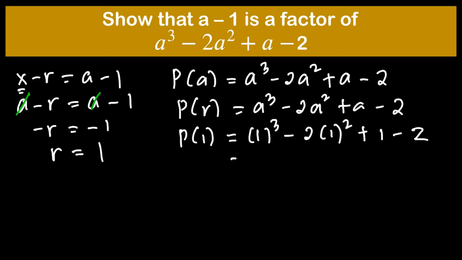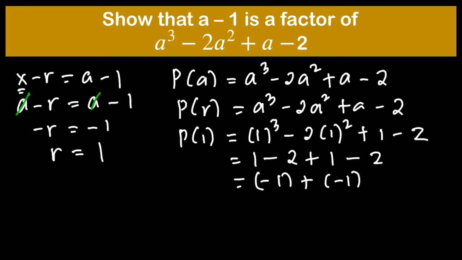Simplifying, we know that 1 cubed is 1, minus 1 squared is 1 times 2 is 2, plus 1, and we have minus 2. So this will give us negative 1 plus negative 1, which is simply equal to negative 2. So that's our p of r.